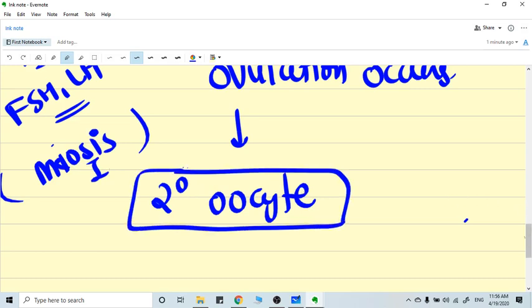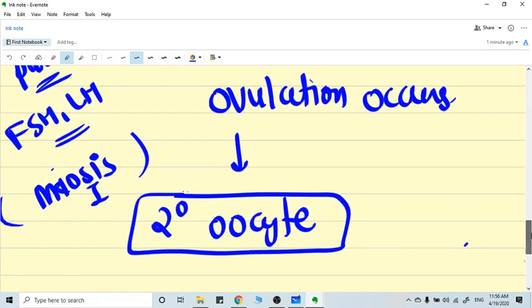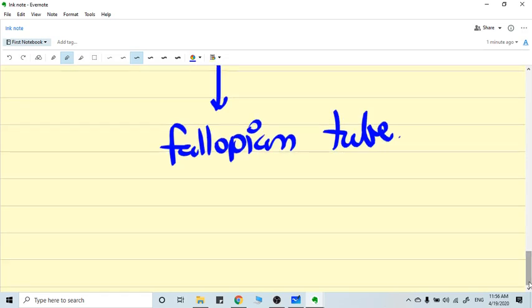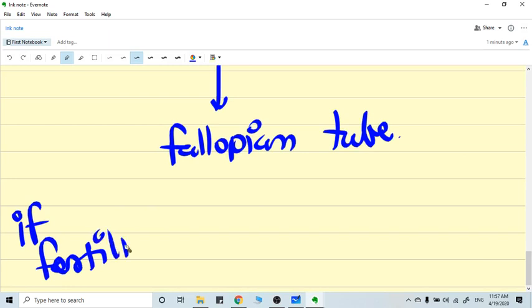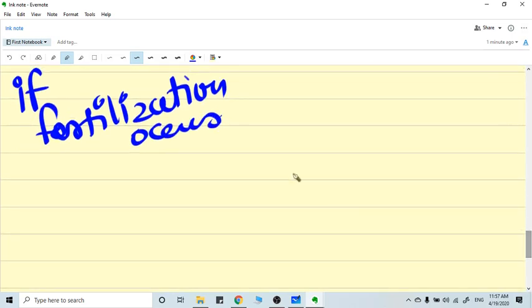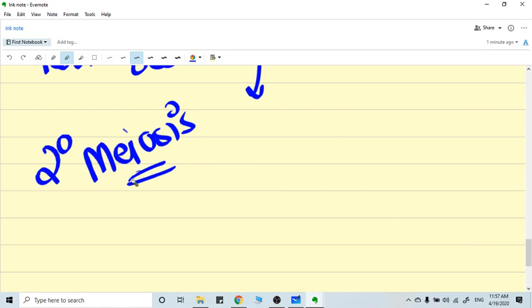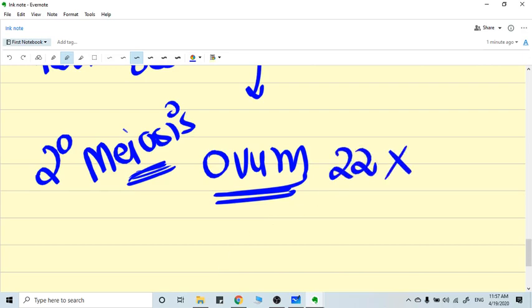After ovulation, this secondary oocyte comes into the fallopian tube, and in the fallopian tube, if fertilization occurs, not always, then and only then the second stage of meiosis is completed and it becomes ovum, having 22X.